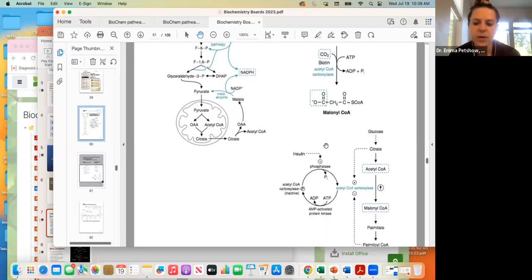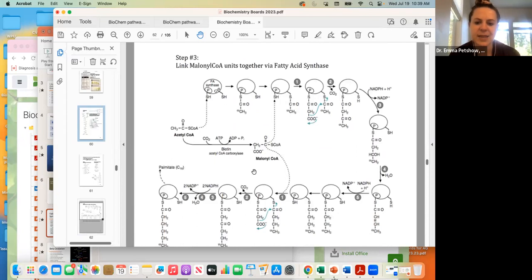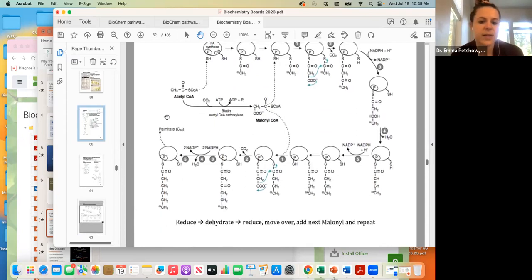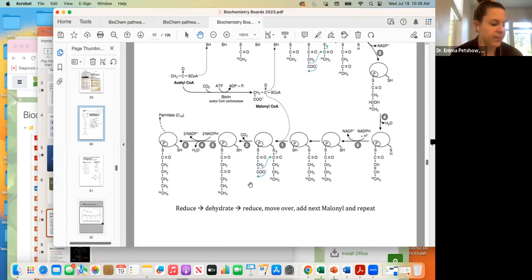Once you have your malonyl-CoA units, you start linking them together using fatty acid synthase until you have however many carbons you're linking. For palmitate, C16 is the carbon count. Whatever type of fatty acid you're creating, you'll potentially need a different number of acetyl-CoAs to get to that carbon number, but the process is the same each time.